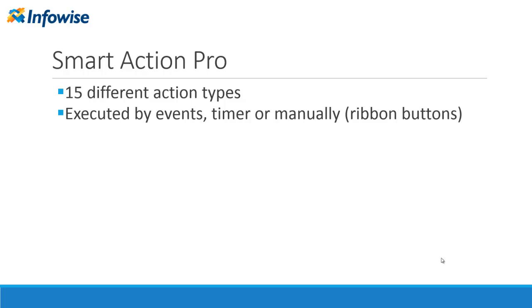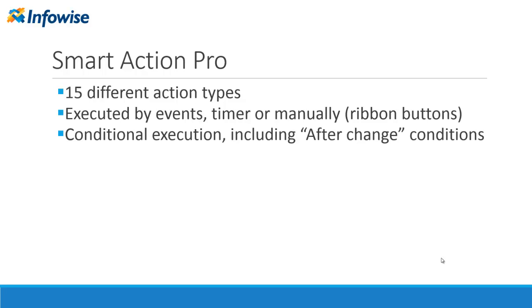You can run them according to a timer, for instance, 2 days before the due date of a task or an event, or maybe daily, weekly, or monthly. And you can even run them manually by clicking on a ribbon button, for instance.